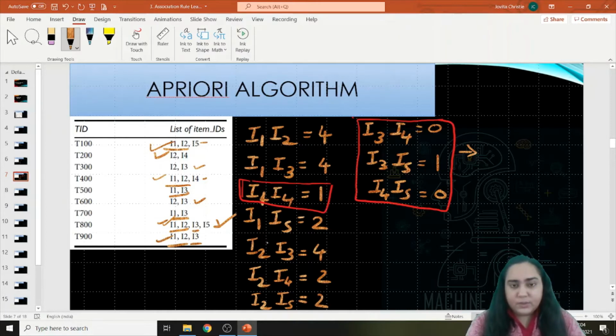So could you include anything else with I2? So you can have I2 and I4, which are common here, or I3, which is common here. And that could give you one more set of items because you have certain things still common. So for example, you could have I2, I3, and I4 because I2 is common here.